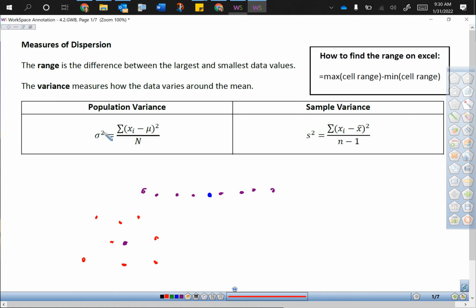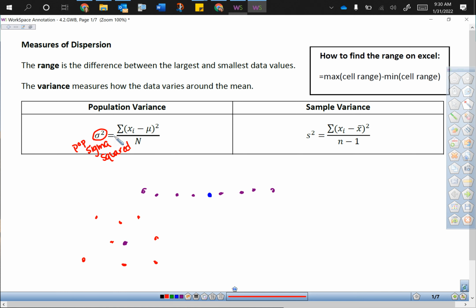So this is a sigma squared. When you see that symbol, sigma squared, you know that it's going to be the population. So that stands for population variance. The population sigma squared is the population variance.